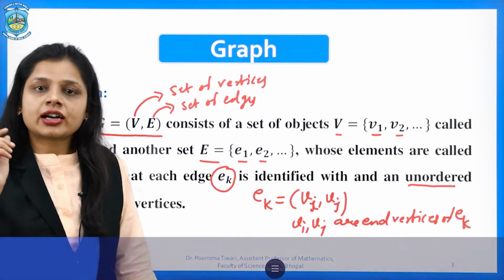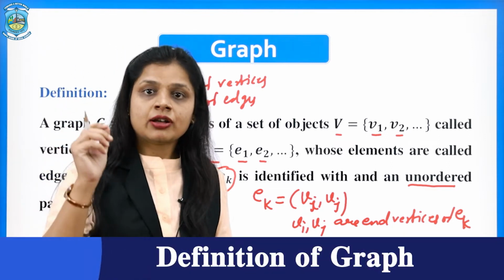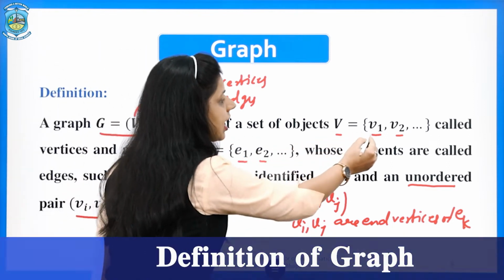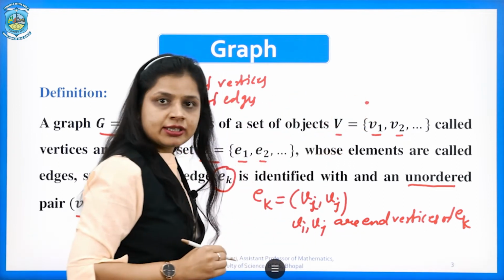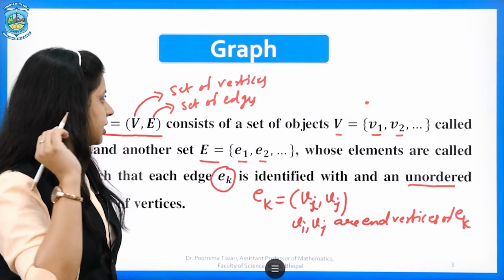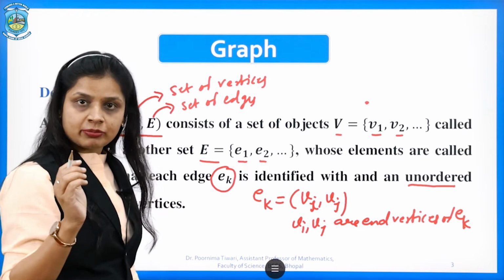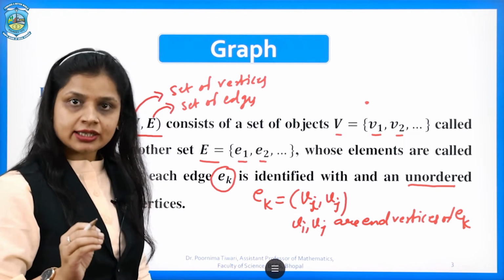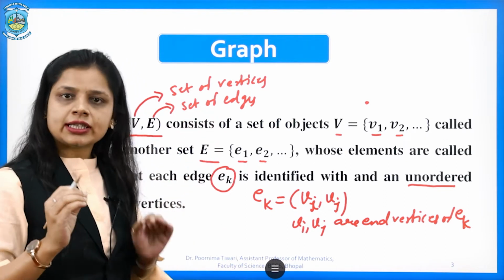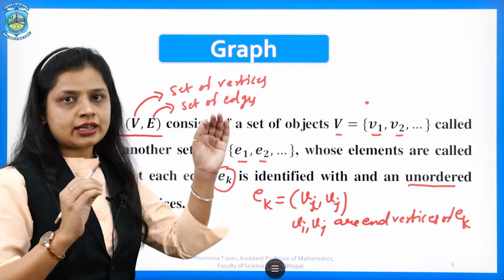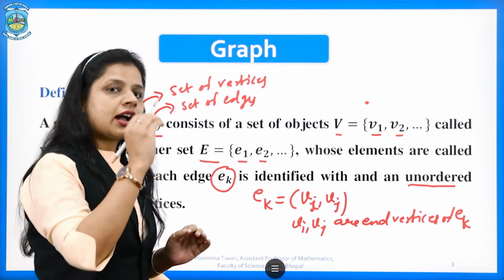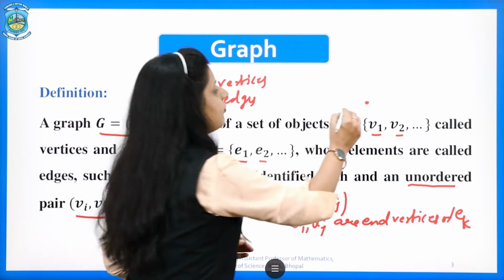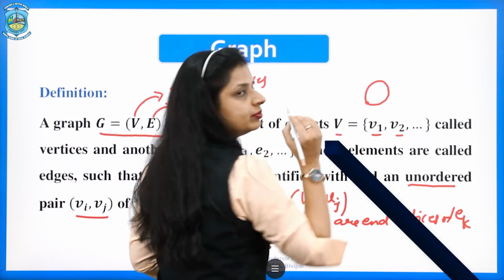That is, a graph is a diagram where vertices are represented by points, edges are represented by line segments joining vertices, and we can draw this line segment as a straight line or a curved line or in the form of loop.